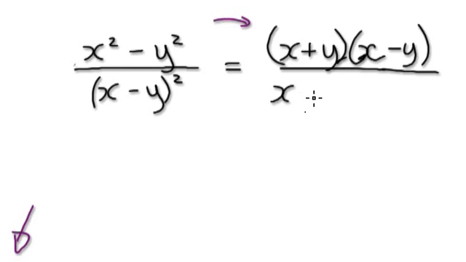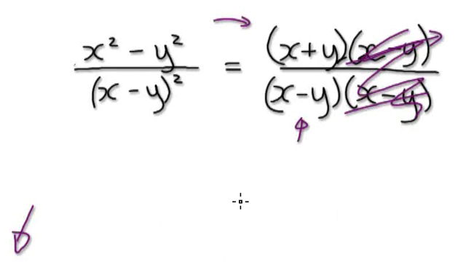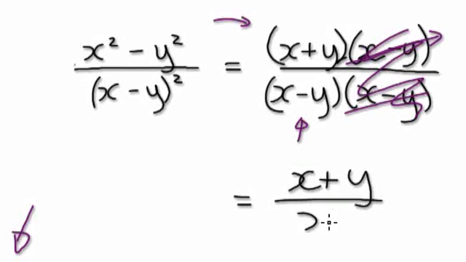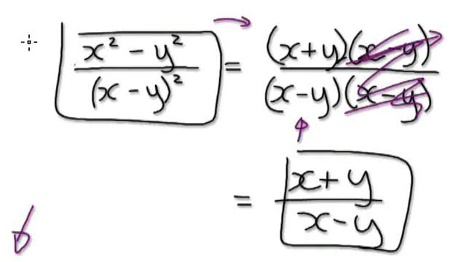So it would be this here, x minus y. When you square it, it means you times it by itself. So you can visualize it like this, and look at this here. This conveniently cancels out with this one, it doesn't matter which, leaving you x plus y over x minus y. So this thing here is exactly the same as this thing here. Okay.